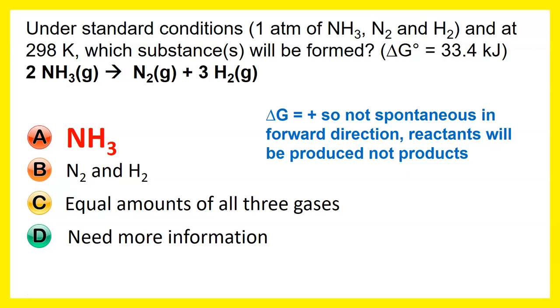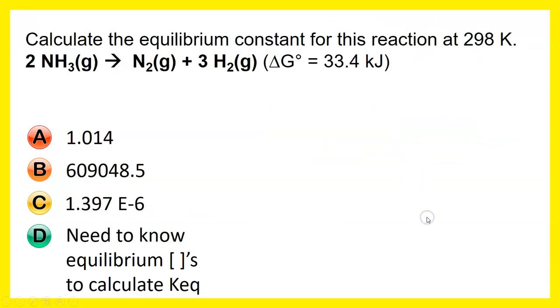Now this question, same exact question, but this time maybe it asks you, well, what's the equilibrium constant? What is your value of K? You know your delta G, you know your temperature, and you're solving for K. You want to know your equilibrium constant. You probably can recognize quickly that you're going to use the delta G equals negative RT ln K equation.